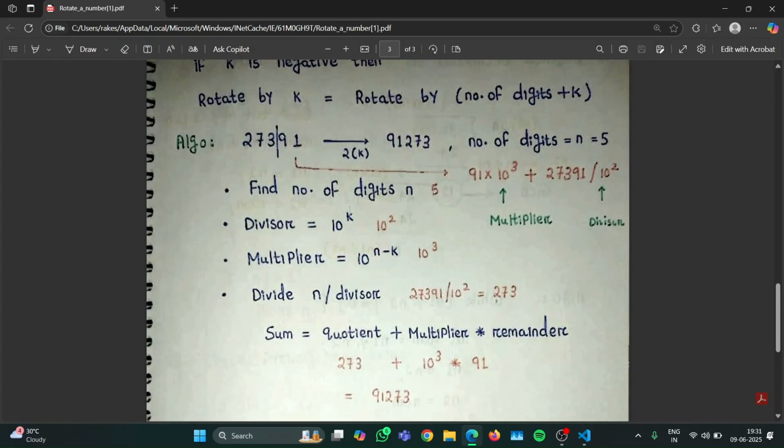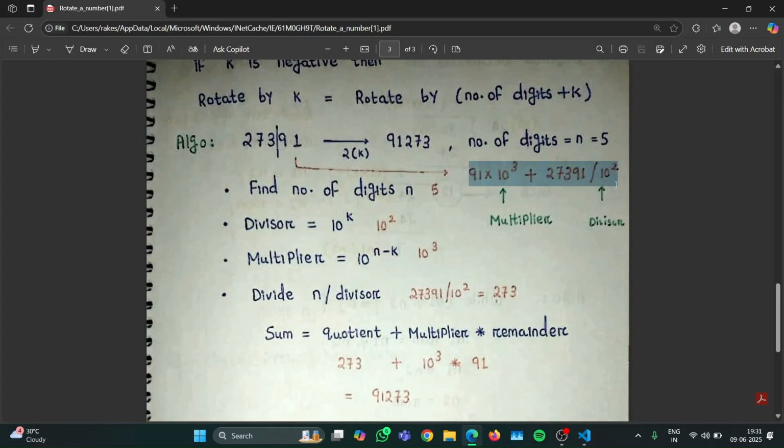The rotation value is our divisor. We have to divide the number that we need to push back by 10 to the power of the rotation value. Here we have to push this 273 back. That means we have to divide 27391 by 10 to the power 2, because our rotation value in the given problem is 2. So we have to divide 27391 with the divisor. Getting my point?